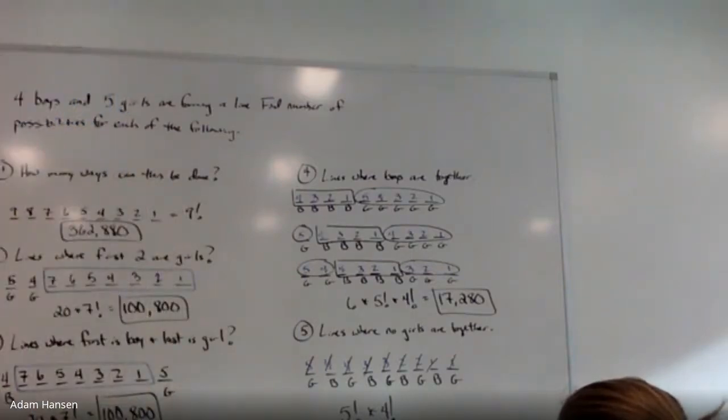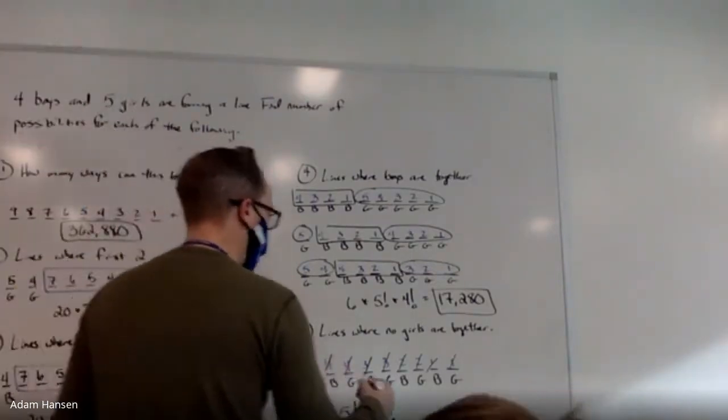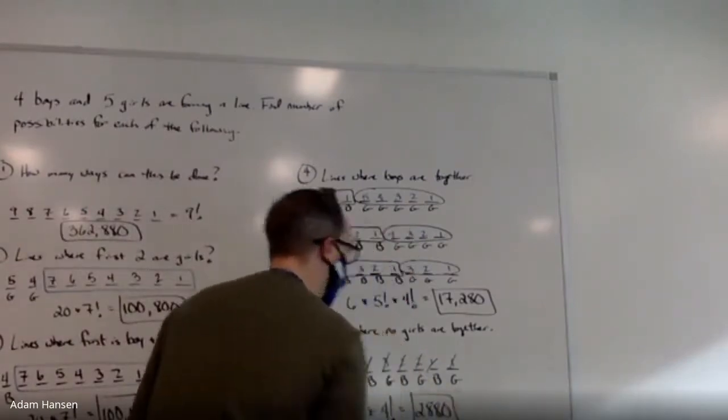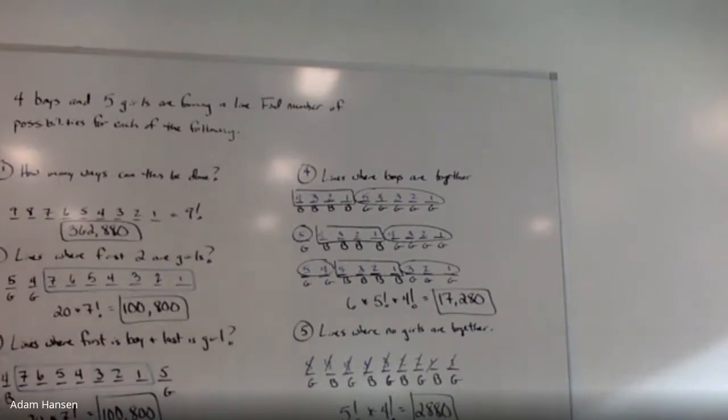So 2,880 different ways to have the line set up where there's no girls together. In other words, the boys and girls are alternating.